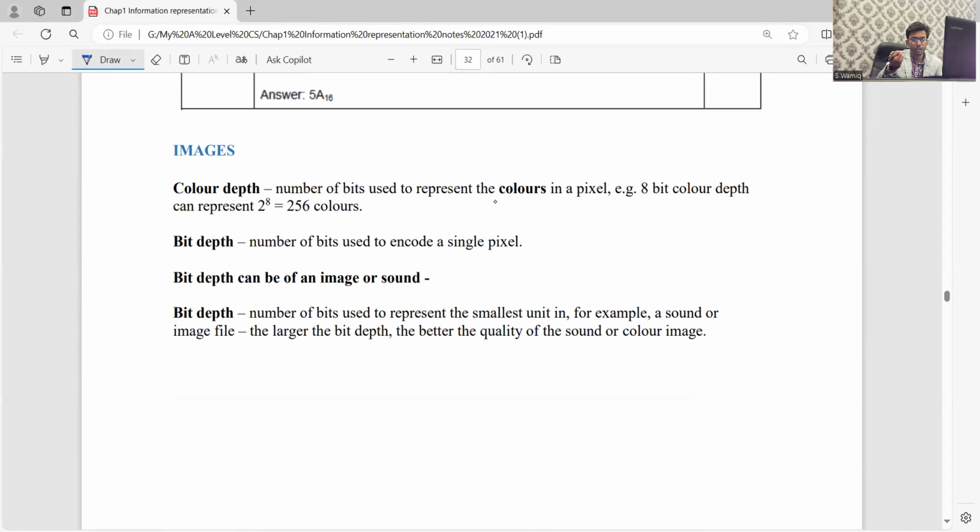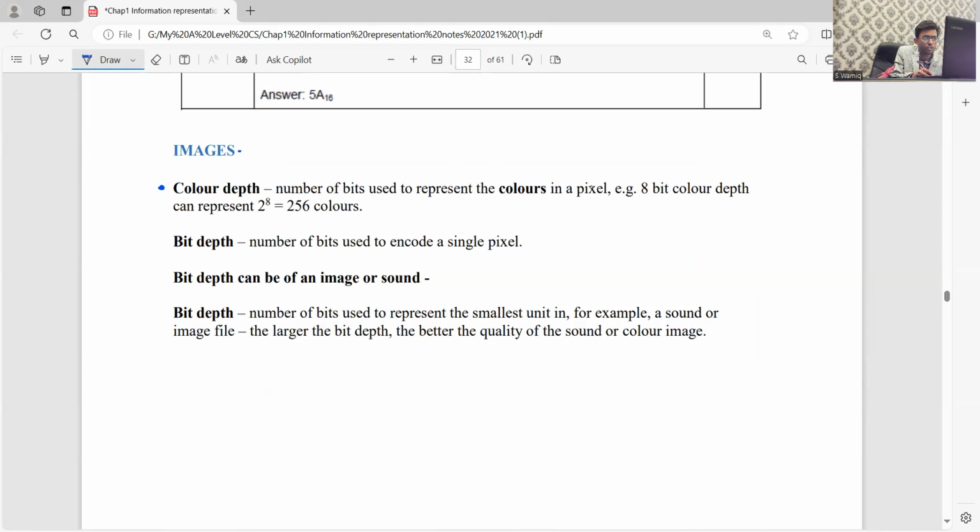For example, if it is a bitmap image, it is created out of pixels. So, what is basically the color depth? The color depth is the number of bits used to represent the color in a pixel.